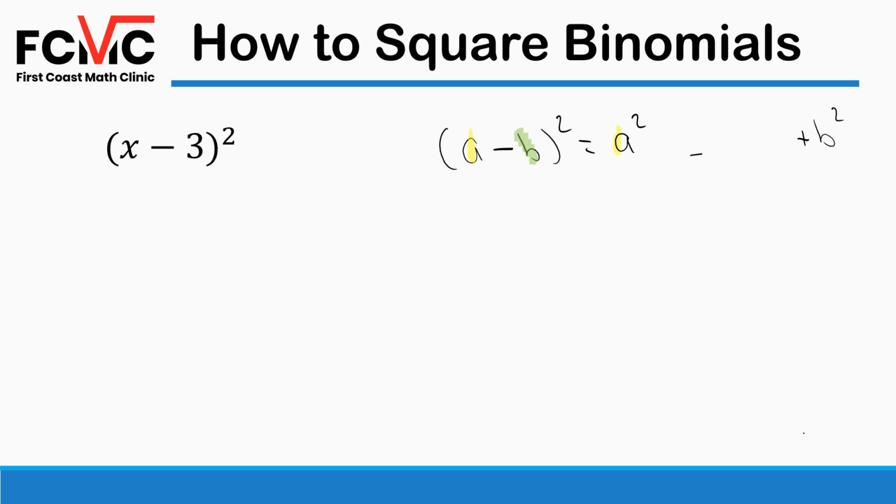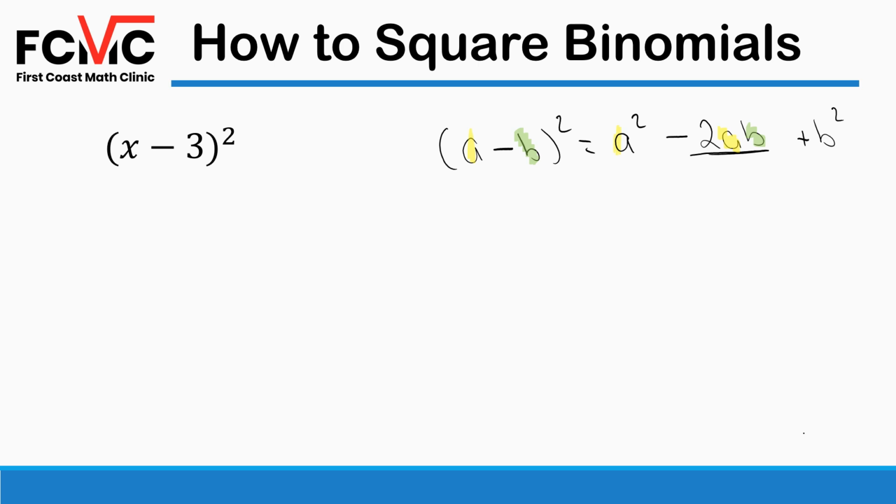And then we're going to get a middle term. Our middle term is going to be minus 2 times our first term times our last term, 2 times a times b. So let's use this rule to square our binomial here, x minus 3 squared.